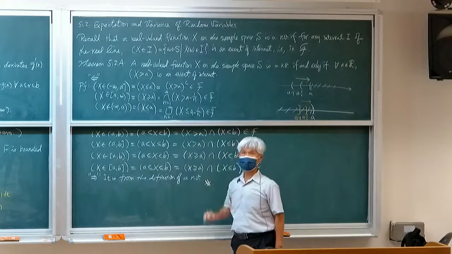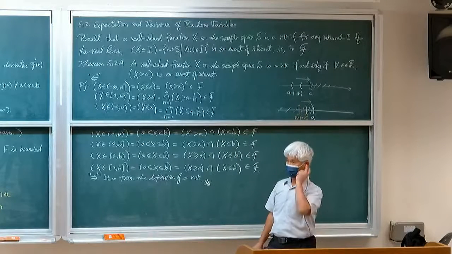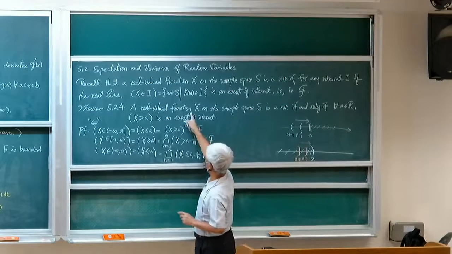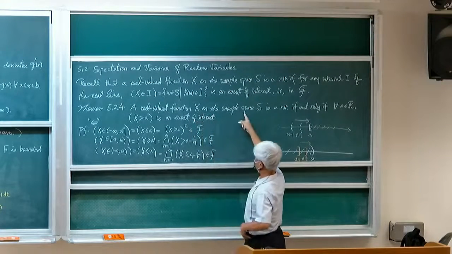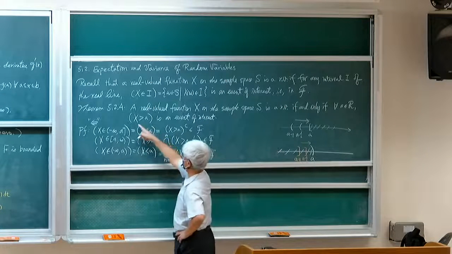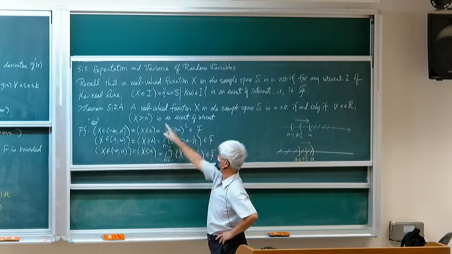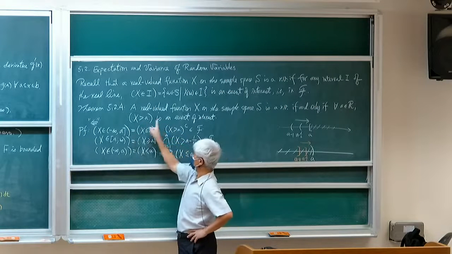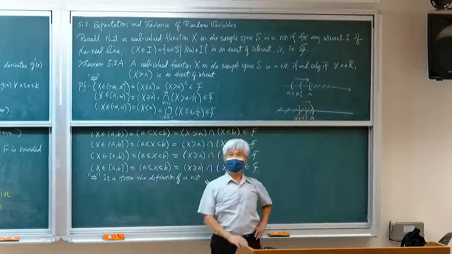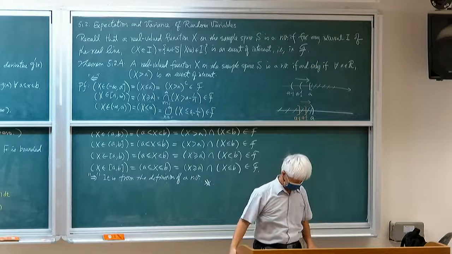So later on, we just need to verify that a real valued function on some space is a random variable. We just need to verify that this particular kind of subset is an event of interest. Okay, so let's take a break of 5 minutes to 2:30.